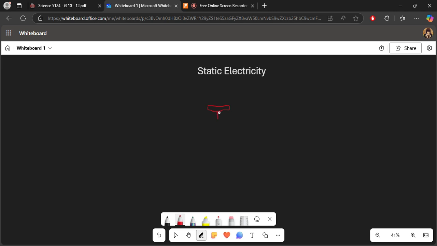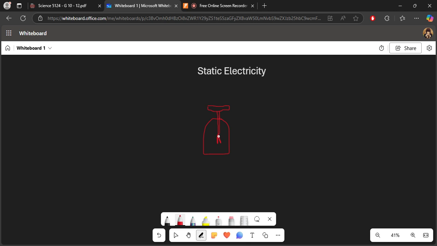So it looks something like this. This is a simplified drawing of it.